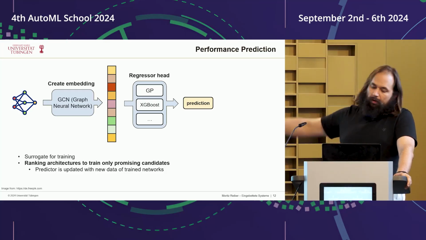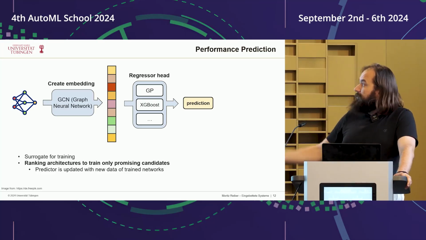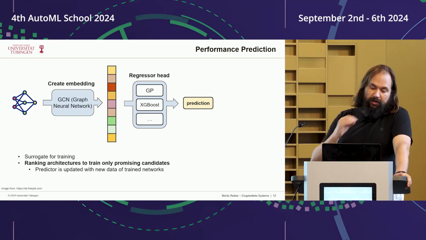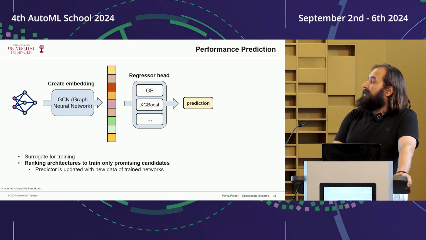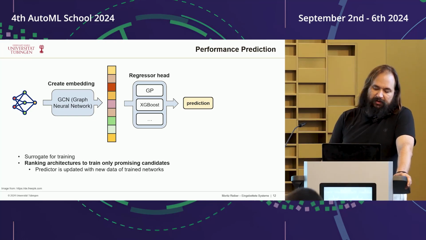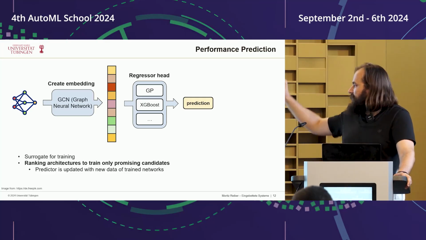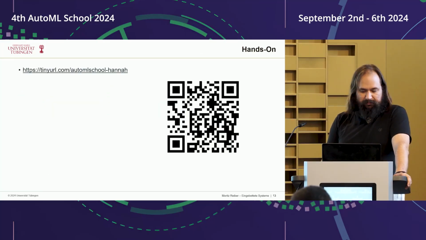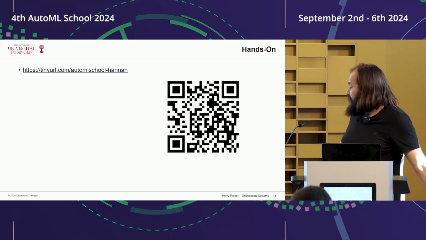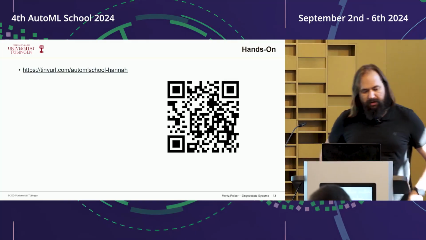In our case, it is always done using a graph convolutional neural network to extract an embedding of the neural network architecture, and then we use a regression head to predict the actual neural network metrics. That's the quick introduction into our toolchain.